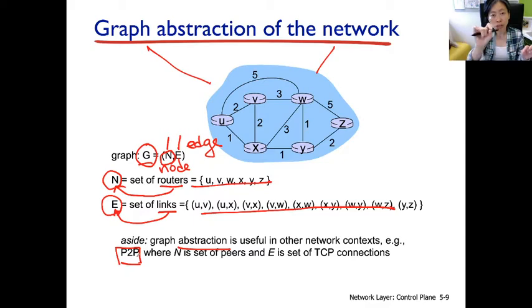If you consider each of these peers as a node, and these TCP or UDP connections connecting the peers as an edge, you also have a graph. You also have a P2P network. And you can also run a routing algorithm on a P2P network, if you think about it.